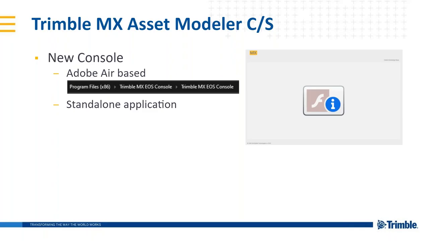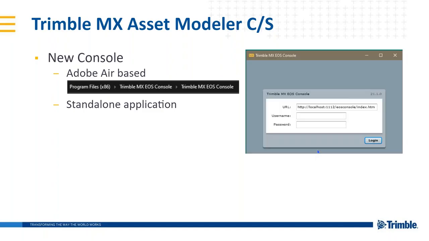Which means that you will not be able to navigate to your server with the EOS console anymore, because it employs Adobe Flash Player. So the solution for that is that now we have a new console as a standalone product, which allows you to open the same viewer and access all the functionalities of the console, but in a standalone application.